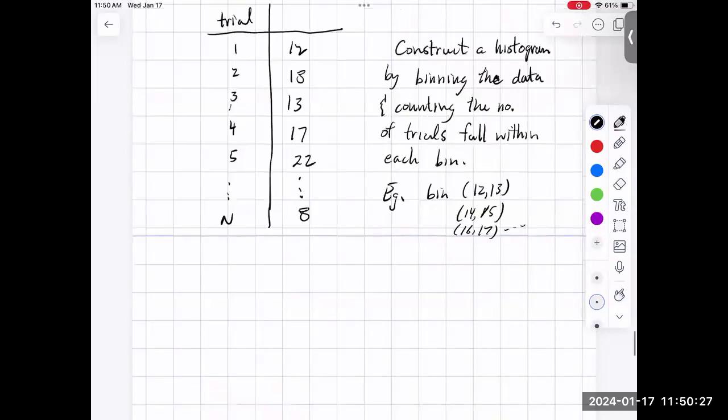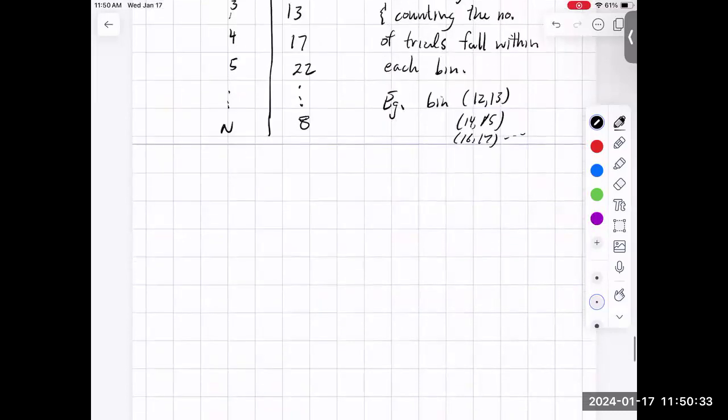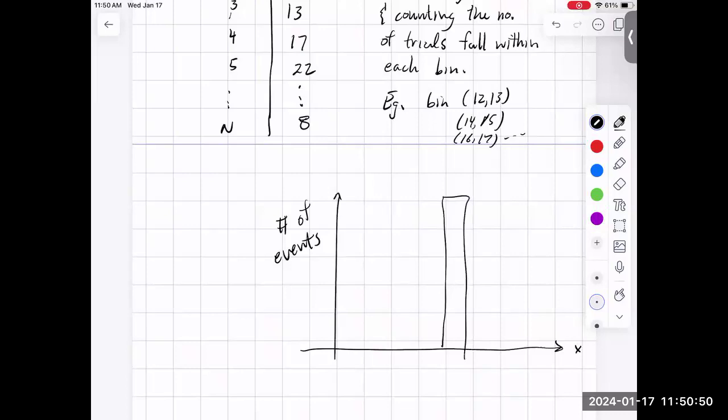Okay, so I'll draw this histogram and then we'll be done for today. The way it would look is we would have the result of our trial, like our bin, and this is the number of events in each bin. Near the mean, we're going to have a lot of events, maybe the average value is like 18.